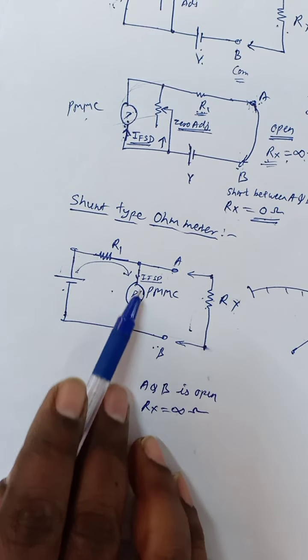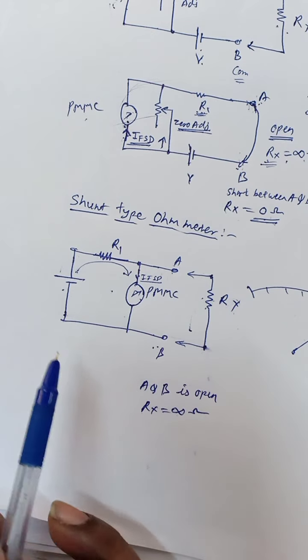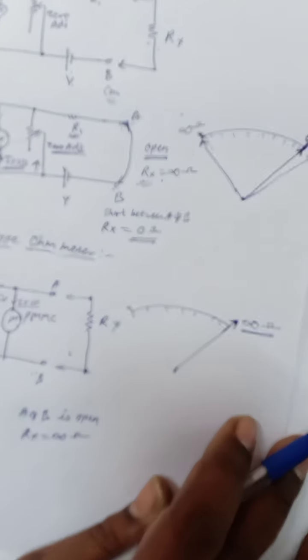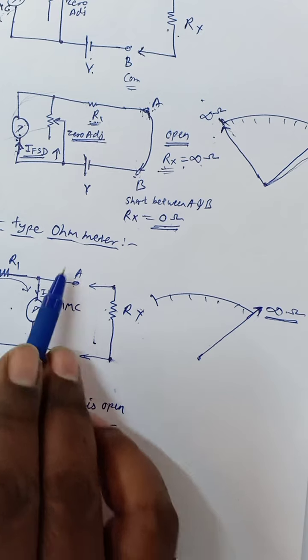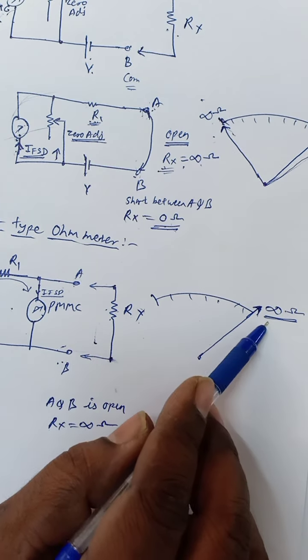As the current flowing through the PMMC becomes greater than IFSD, it will damage the meter. Okay, so if A and B terminals are open, then it indicates infinite ohms.